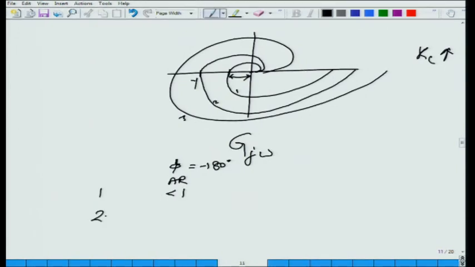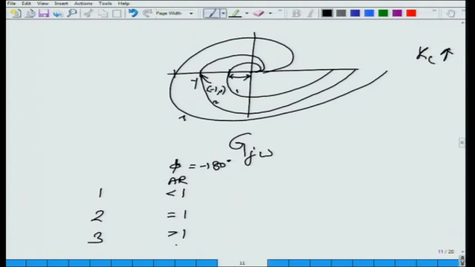For the second curve, when the angle is minus 180 degrees, the amplitude ratio is exactly equal to 1. And for the third curve, the outer curve, when the angle is minus 180 degrees, the amplitude ratio is greater than 1.